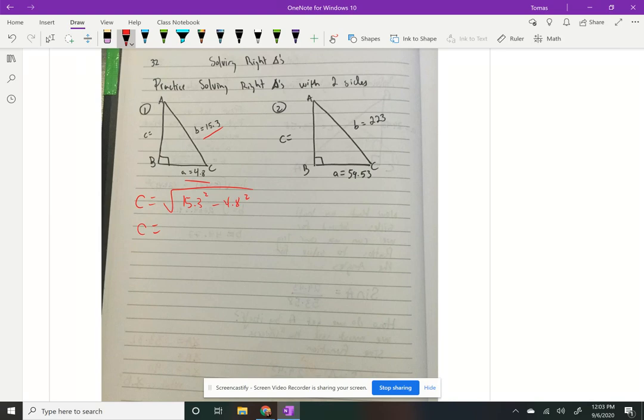You guys could pause the video and work on this. I would suggest do both of these right here. 15.3 squared minus 4.8 squared. And I get a whopping 14.52. Okay. So you're going to do the same thing here. So pause the video.